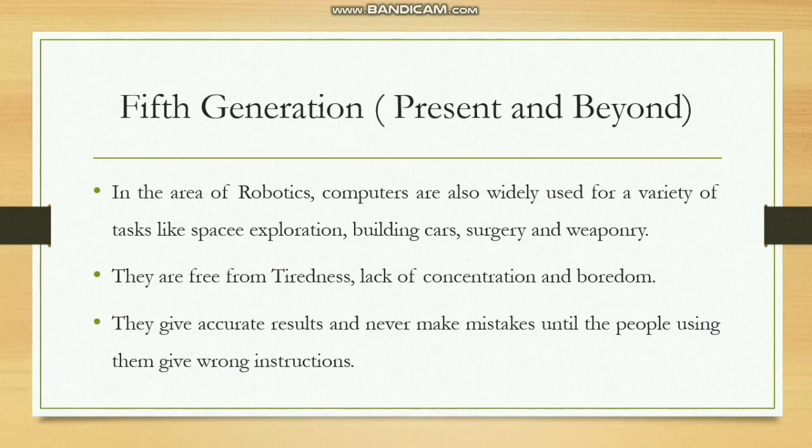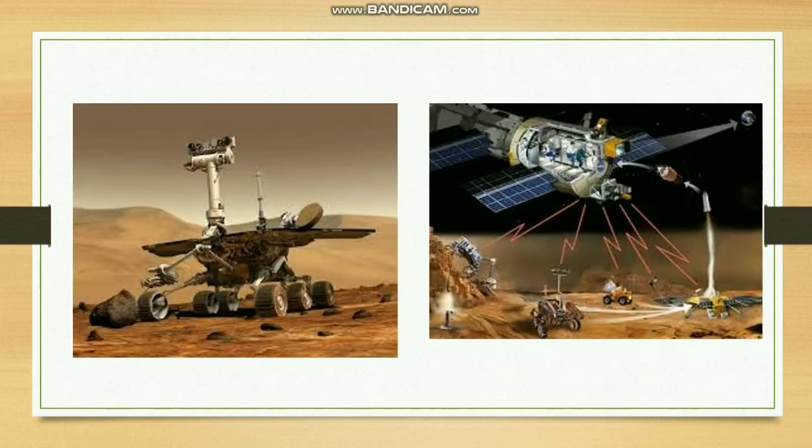These type of computers are free from tiredness, lack of concentration and boredom. They give accurate results and never make mistakes until the people using them give wrong instructions. This is how the robots are exploring the space. The satellites could guide the robots which are being landed on various planets or satellites.